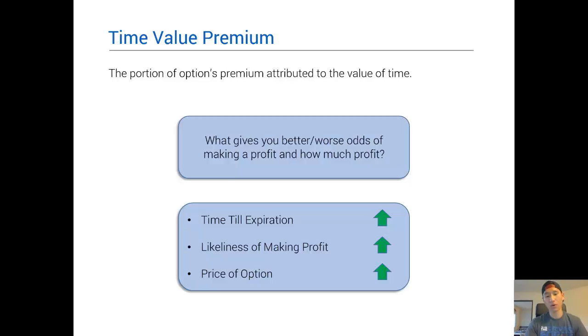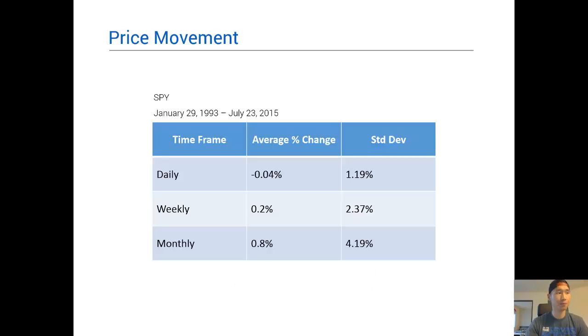Now, you may be wondering why the likeliness of making a profit increases as you increase time. Well, I did a little study with the SPY going back from January 29, 1993 to July 23, 2015.